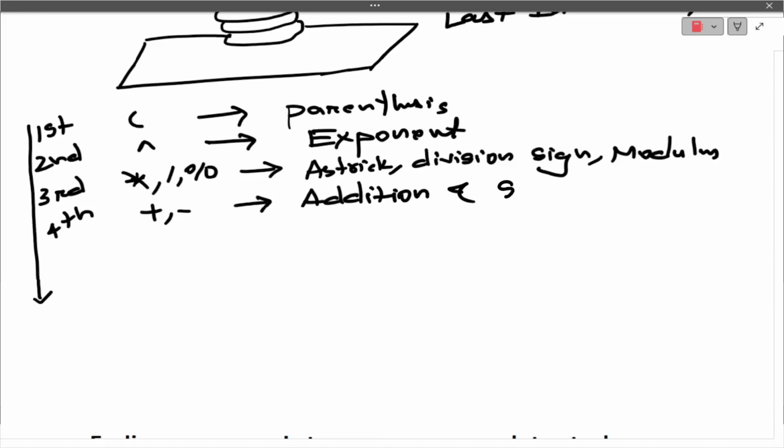You must be thinking, sir, what if we have asterisk and modulus in the same arithmetic expression? They have the same priority, which means you solve from left to right. These two have the same precedence.